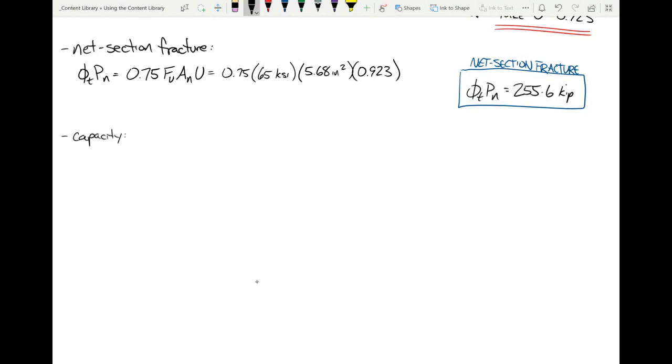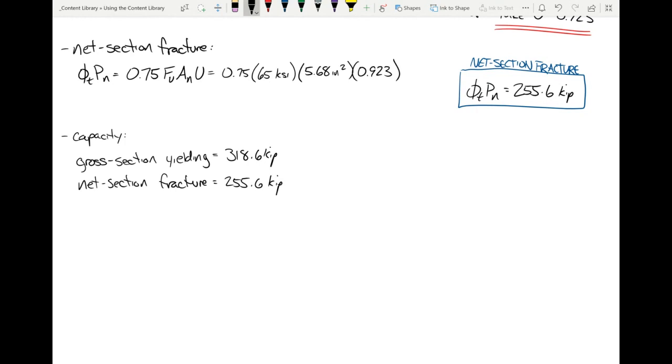Gross section yielding is 318.6 kips, and the net section fracture is 255.6 kips.